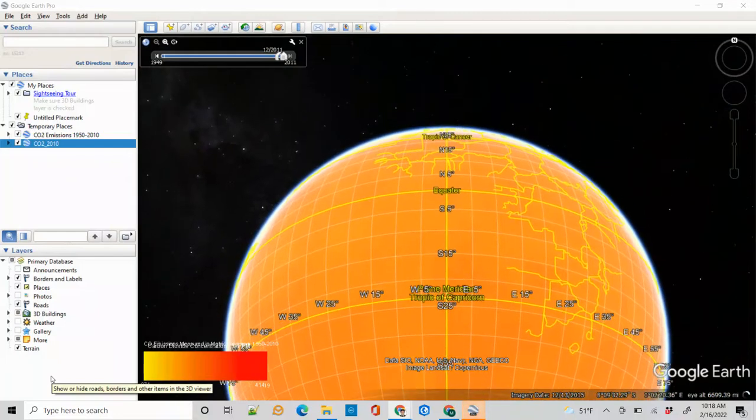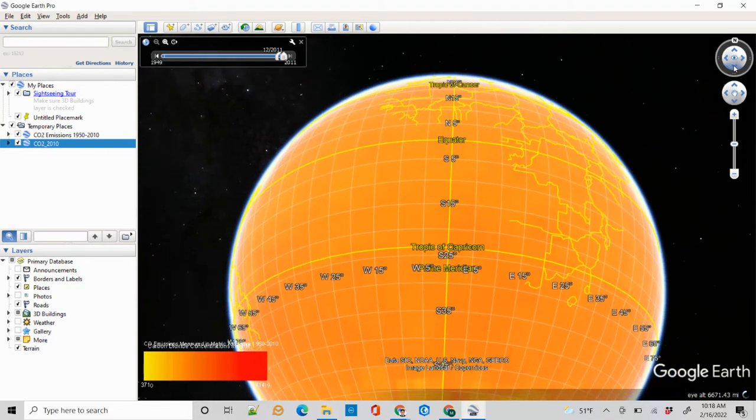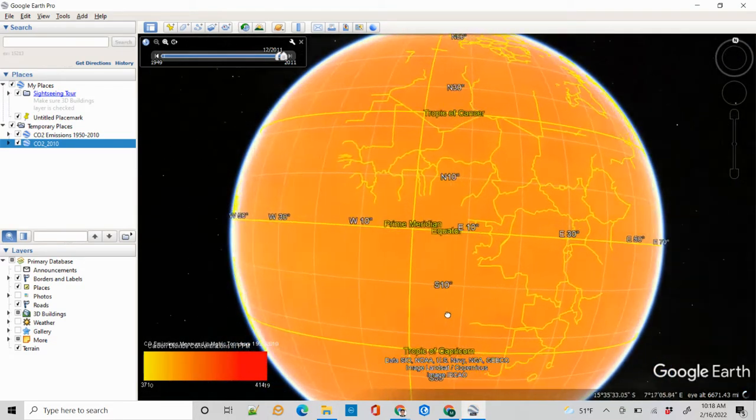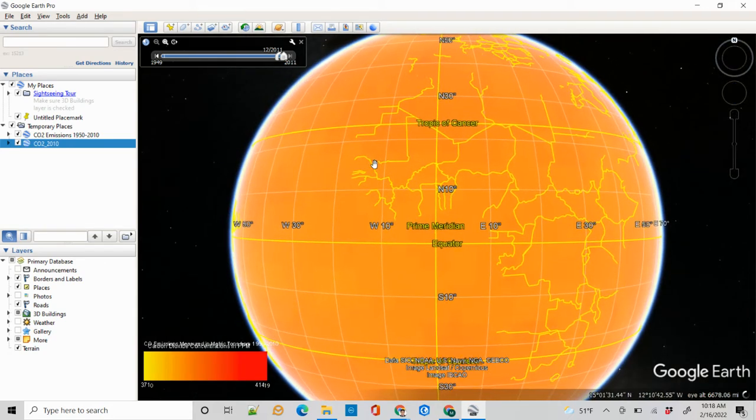Okay, so let me adjust that again by doing this. And then for now, what do you need to do? Just make sure, when you're working on a Google Earth file, most of the time when you download a new file and open it, the previous one will also be there.